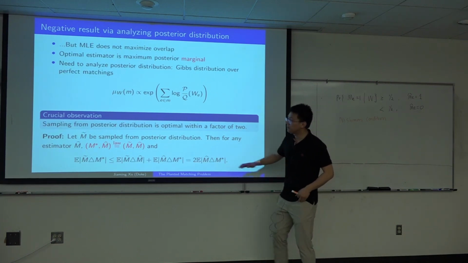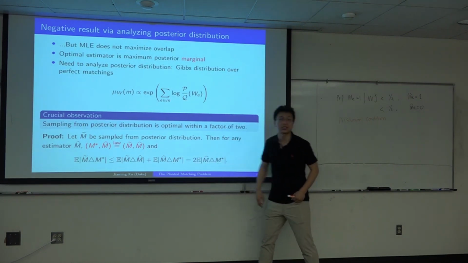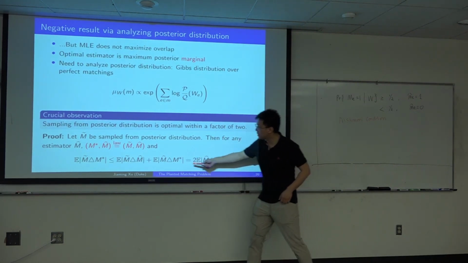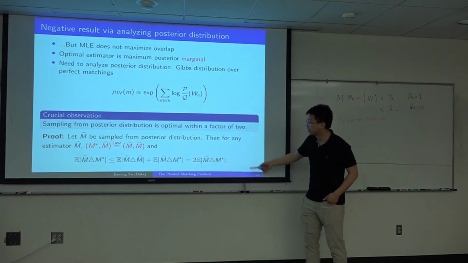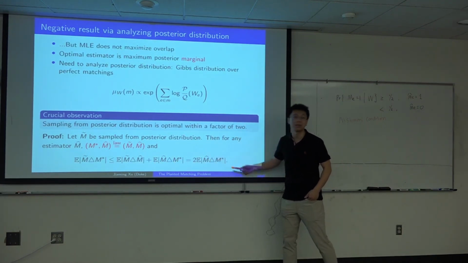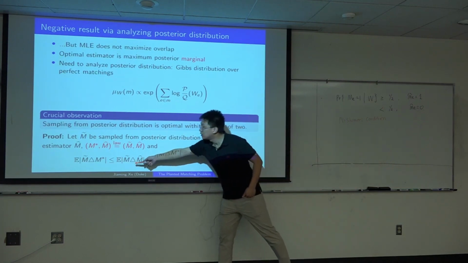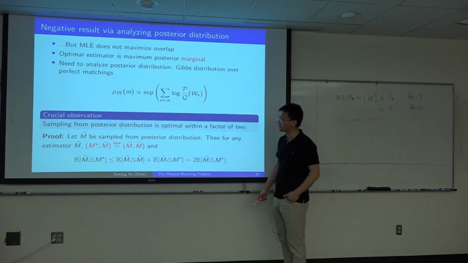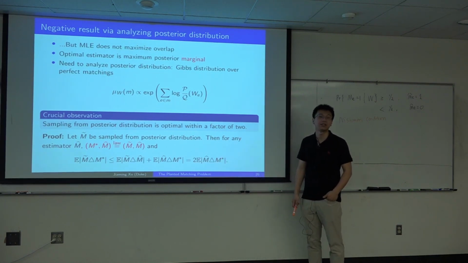If you understand this, it's not hard to see that these two expectations are the same, because the joint laws are exactly the same. So it's 2 times the expected distance between m hat and m star. That means the error of the posterior sampler is at most twice the error of any estimator.